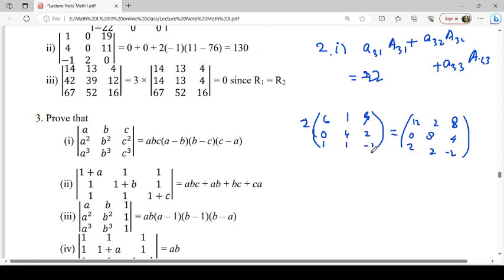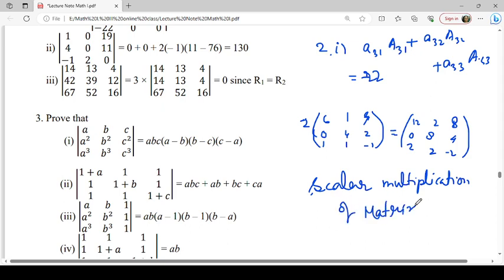This type of multiplication we call scalar multiplication of a matrix. But in the case of a determinant, it is different.